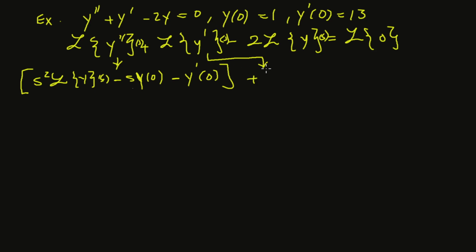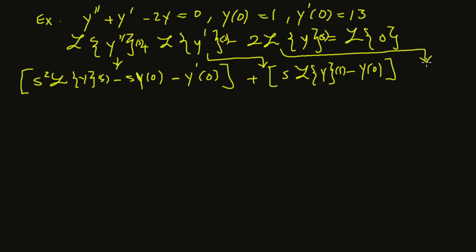Now for the next one, the formula that we've seen: s times the Laplace transform of the function, of course on s, minus y of 0, then minus 2 times the Laplace transform of the function, which is just going to be the function Y of s, right? And equal on the right-hand side we just have 0.